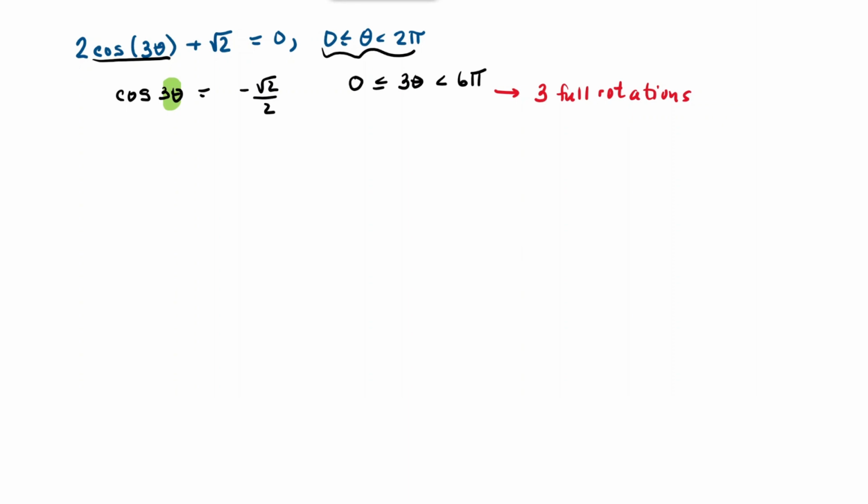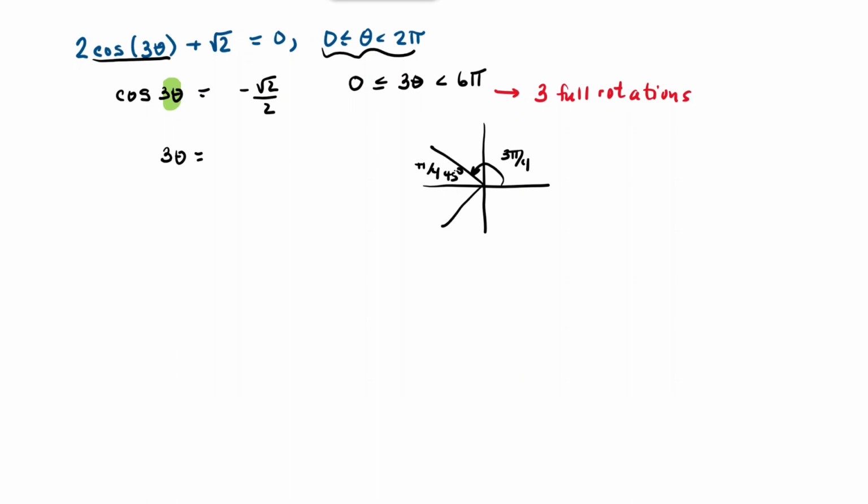So cosine 3 theta equals negative root 2 over 2. That means 3 theta is equal to, so from the unit circle, cosine is negative. So that means quadrant 2 and quadrant 3, and that has a reference angle of pi over 4 radians. So that means that this angle is 3 pi over 4.